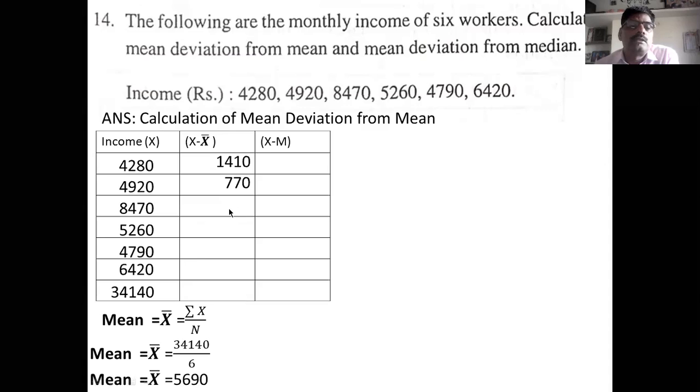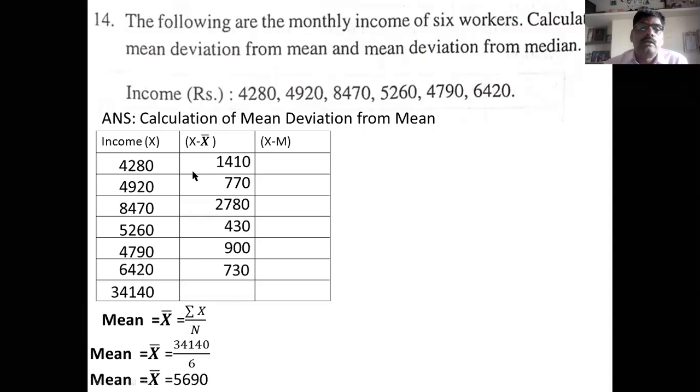Third difference is 2,780. Fourth 430. Next 900. Next 730. Last column total is there. You don't take the difference of total. Remember this.